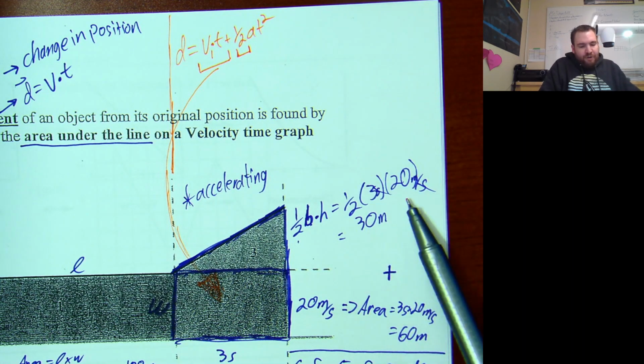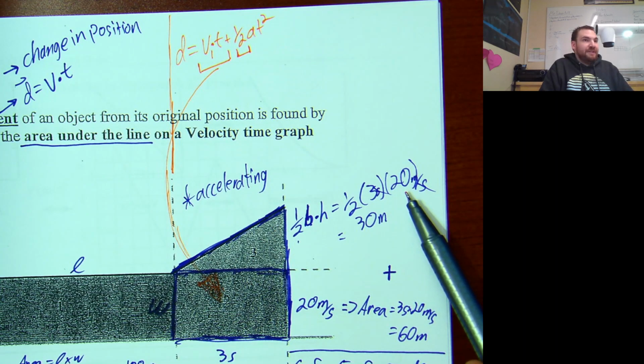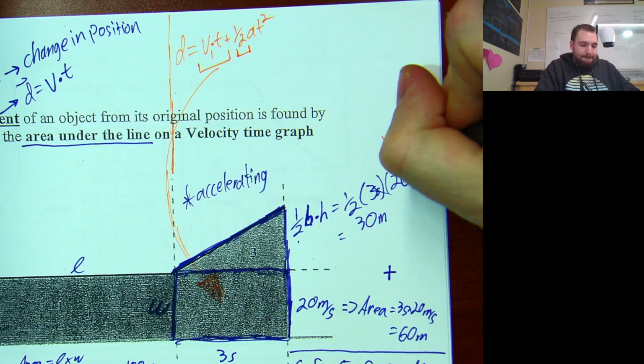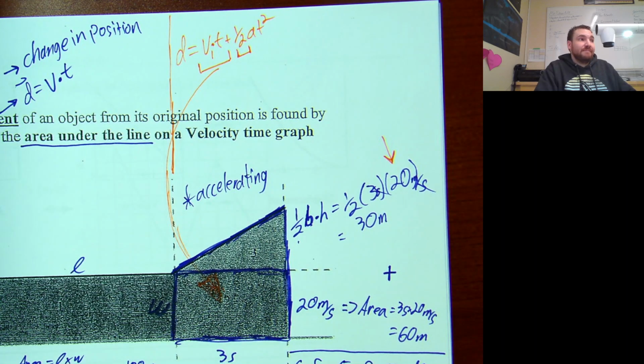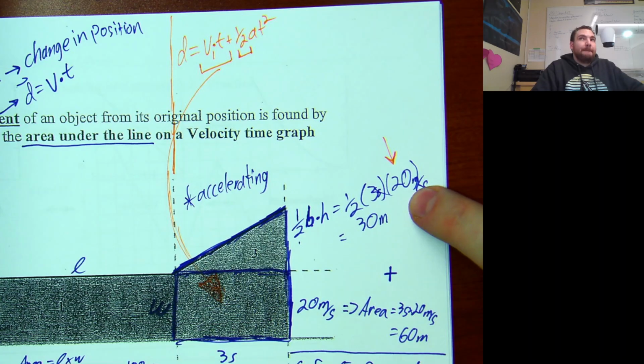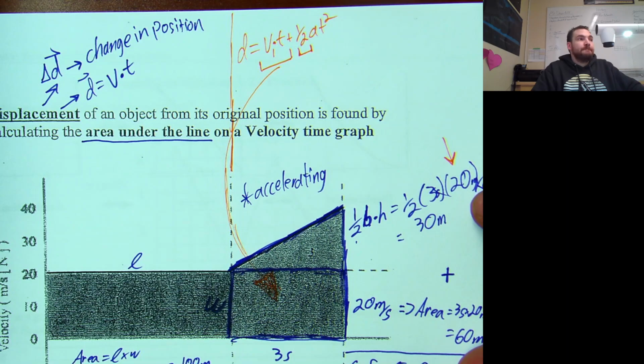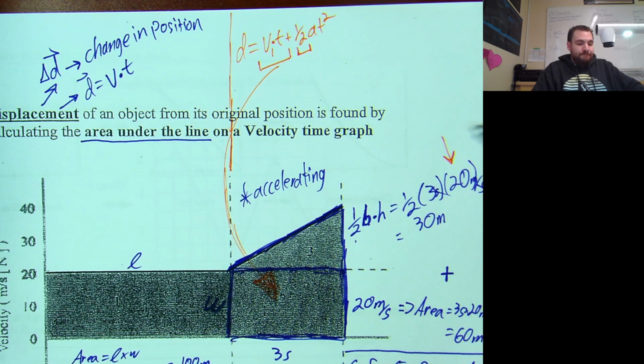Well, I didn't multiply it by a velocity. I multiplied it by what? This 20 doesn't represent the velocity. It represents what? How did I get 20? It was the area, right?